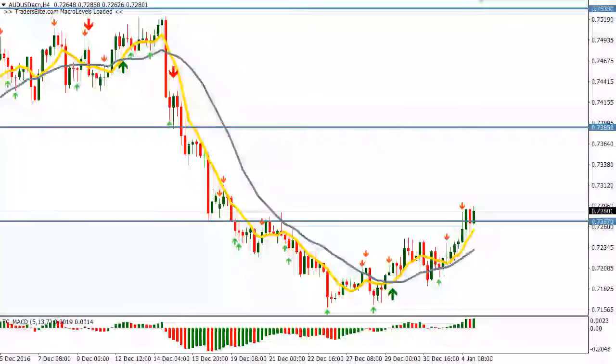It looks like being an exciting year. We've got the fallout of Brexit. We've got continued problems in Europe. We've got China struggling with its economy. We've got Australia on the brink of its first recession in about 25 years.